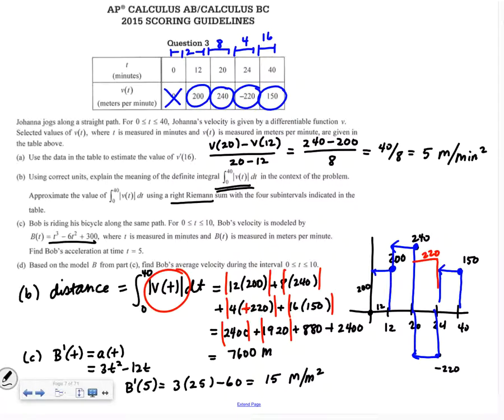All right, I realized as I was doing that, I forgot to say, using correct units, explain the meaning of the definite integral. Okay, so you would need to say somewhere in part B that this integral is the total distance that Johanna jogs, I guess, travels.